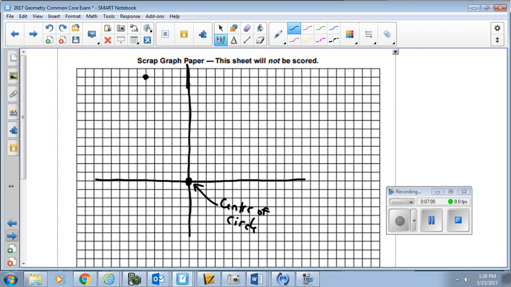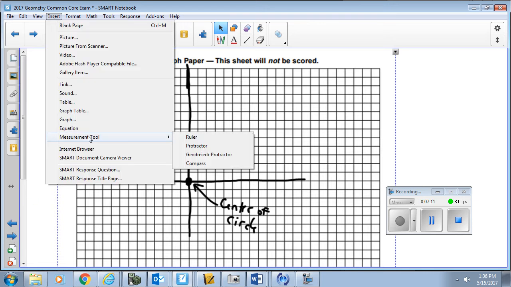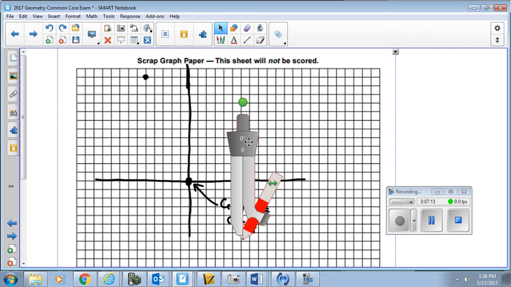Now, a couple things you could do. If you have a compass, I'm going to show you something, and you'll have a compass on the exam, so you can actually use this method.